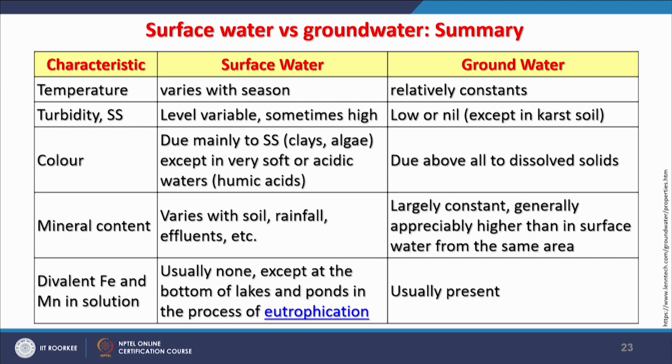Even in canal systems like the Upper Ganges canal, the water color changes from season to season, because it depends on the turbidity, meaning suspended particles, how much sediment is coming. Sometimes when the sediment load becomes very high and crosses a threshold value, then the canal has to be closed. But in case of groundwater, the turbidity is either very low or nil.